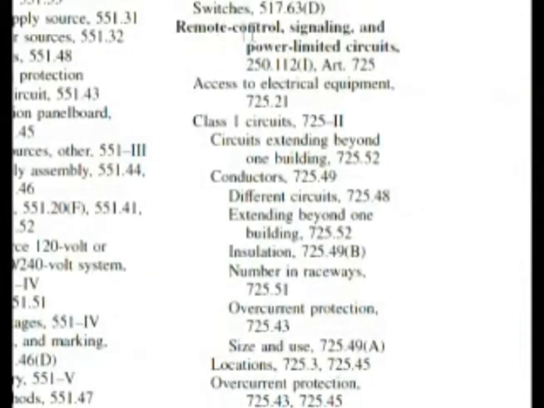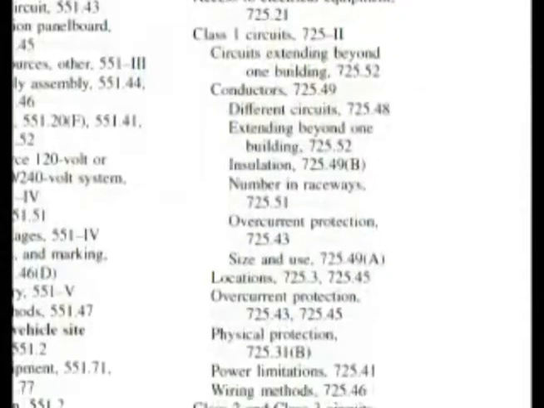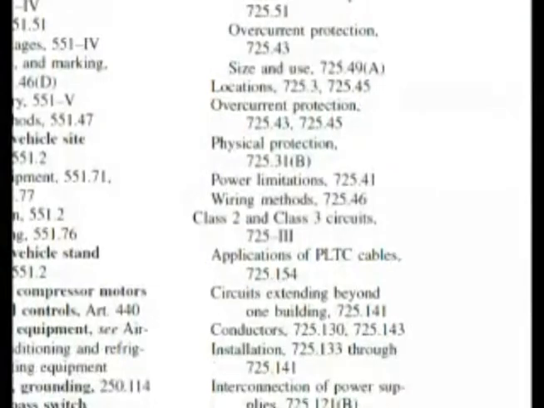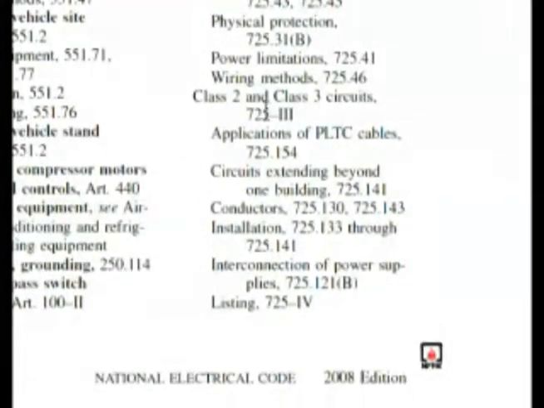So here we are at remote control signaling and power limited circuits. We're given some numbers here, Article 725, and you start looking around here. Okay, here's class 1 circuits. But we wanted class 2 and 3, so let's go down and see what we find. Oh, we find here class 2 and 3 circuits are grouped together.